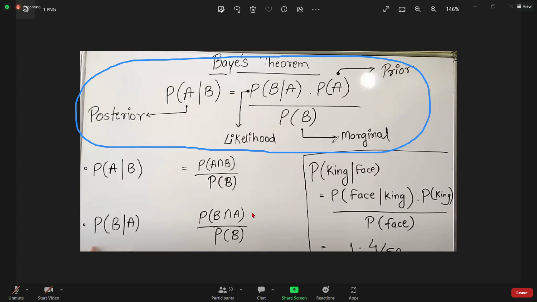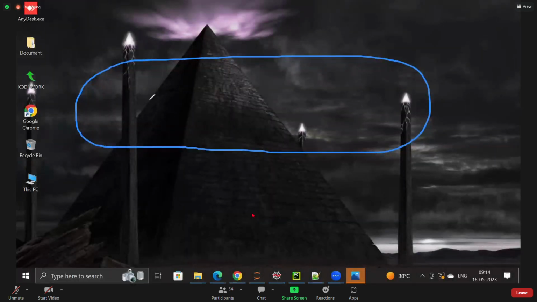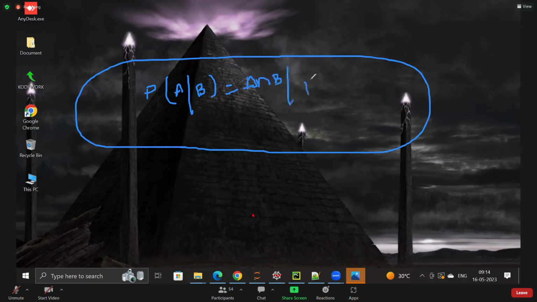Look at this. I was just talking about what, guys? What is the conditional probability? To find the probability of A given B, what is the equation? A intersect B divided by probability of B. Can I write this? Just now I talked about it, isn't it? This is called the conditional probability equation.